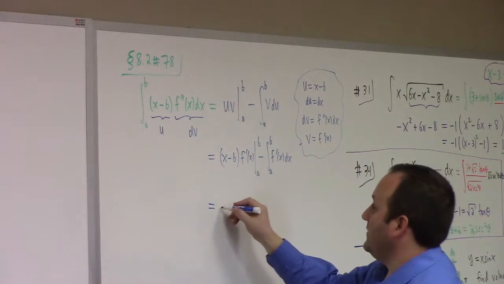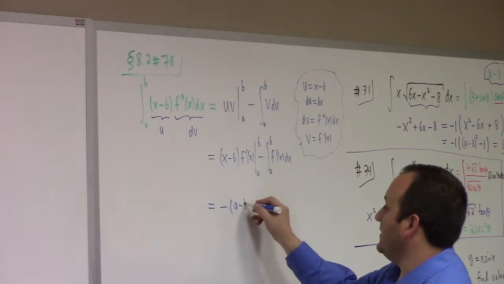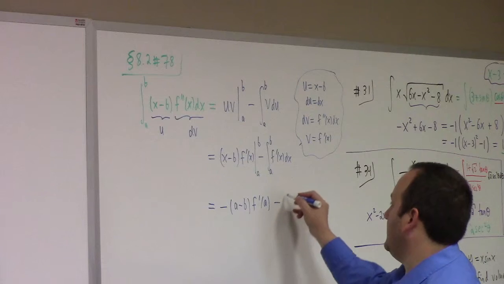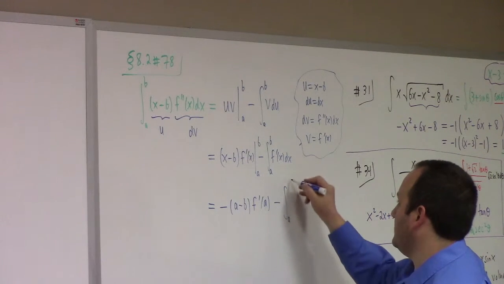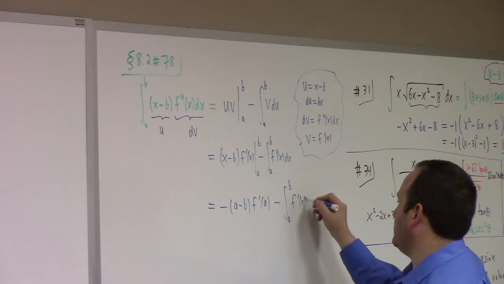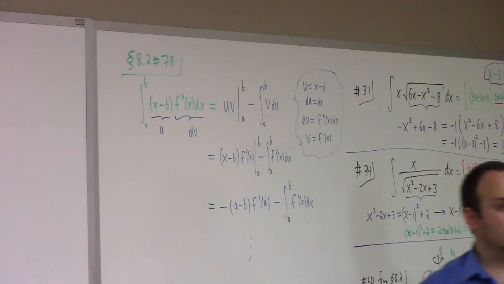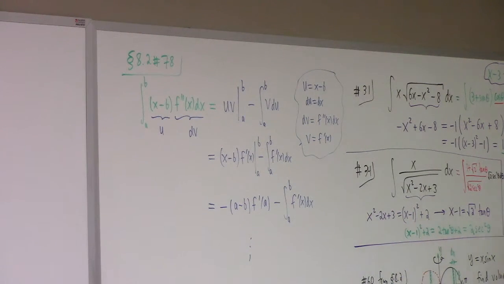So what we get is minus (a minus b) times f prime of a, minus the integral from a to b of f prime of x dx. And then algebra finishes it. They also give you a hint about how the integral of f prime of x dx simplifies. It's f of b minus f of a. So it's a combination of that hint and what I just wrote, which is integration by parts. That's how you do it.